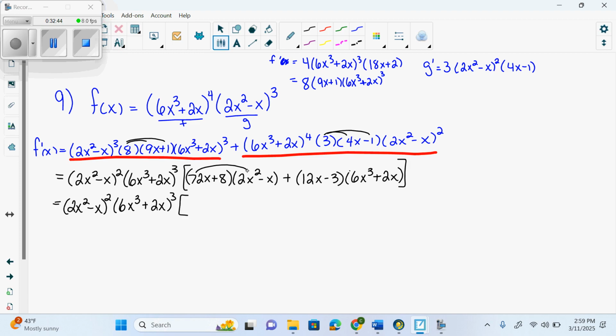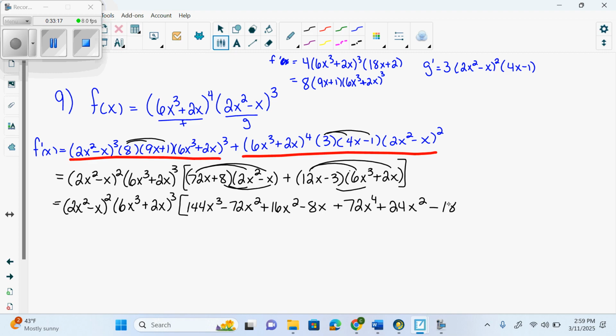And then I'm left with 72x times 2x squared is 144x cubed. 72x minus x is negative 72x squared plus 16x squared minus 8x plus 12 times 6 is 72x to the 4 plus 12 times 2 is 24x squared minus 18x cubed minus 6x. Okay, you're going to help me put them together so we can go quicker.